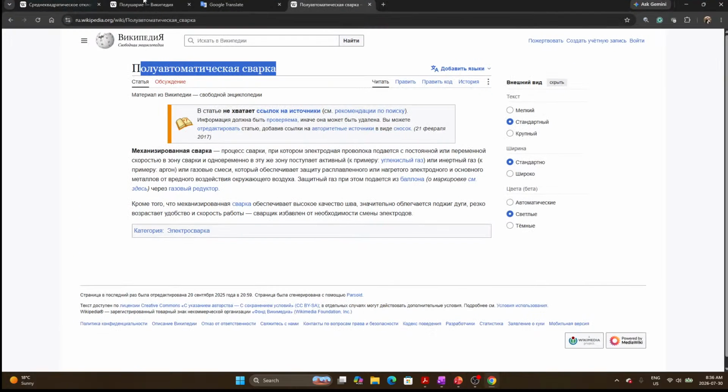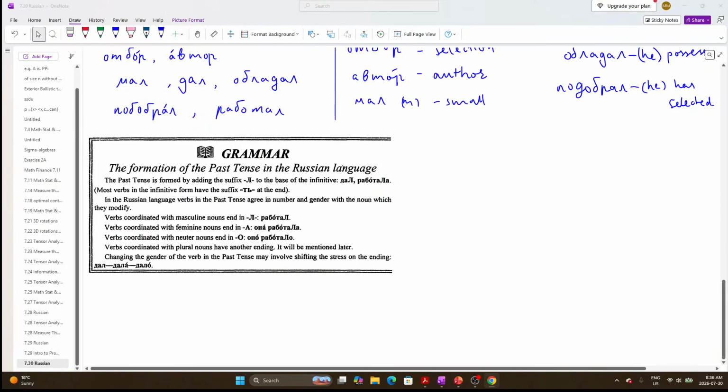I believe it's what I just said, but I'm not sure. Election. Выборы. Okay. Yeah, I kind of remember. Выборы is election. It's similar to just choose, right? Выбрать.